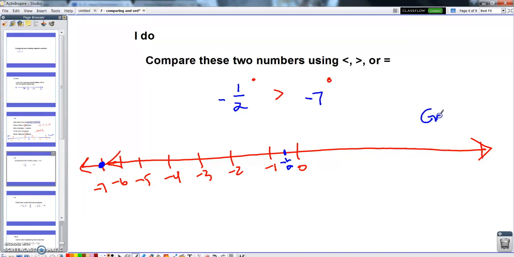Remember, greater numbers are to the right, and lesser numbers are to the left. And you can tell easily -1/2 is greater because it's to the right. So the bigger a negative number becomes, the less value it actually has.